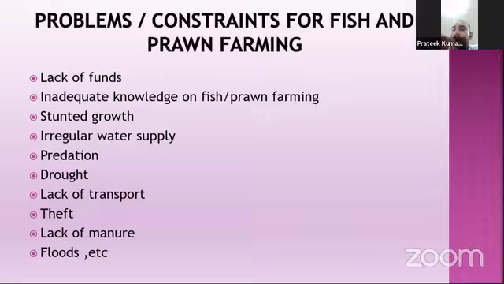This type of talk was about the production of fisheries, how much production we have created in the last 10 years, 20 years. But the problems and constraints for fish and prawn farming are showing on each and every side.